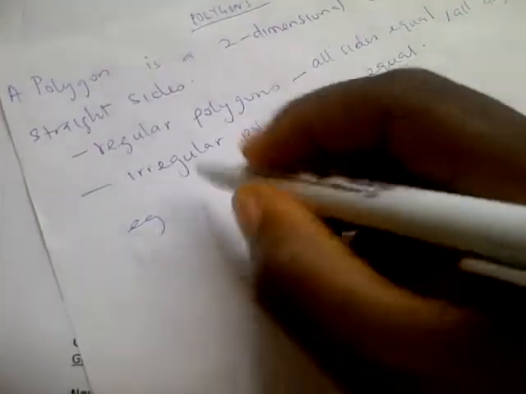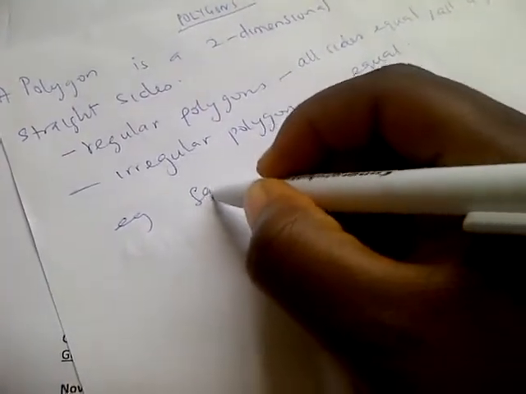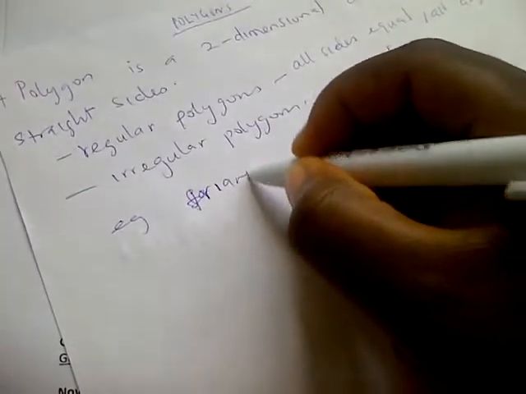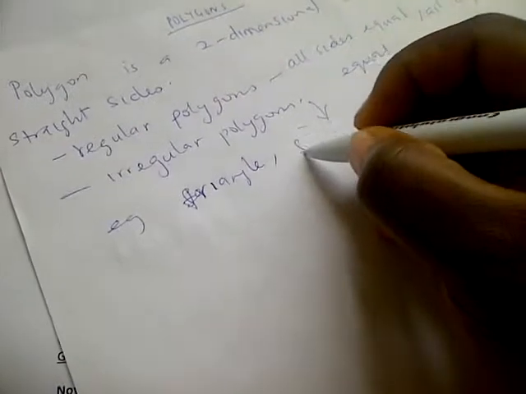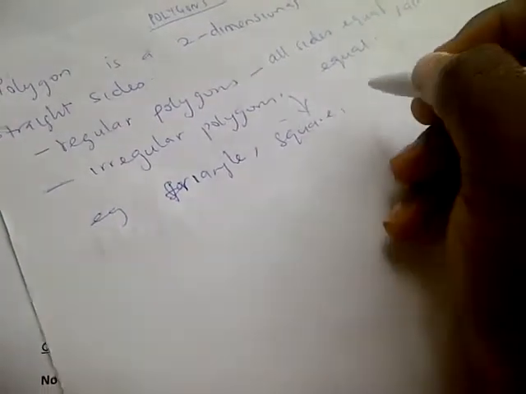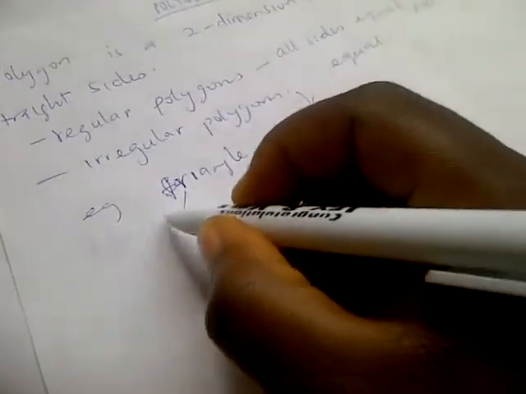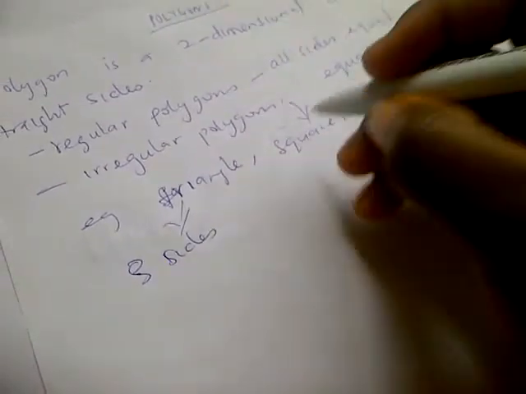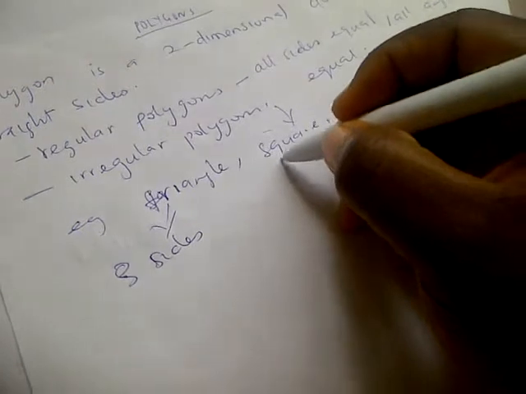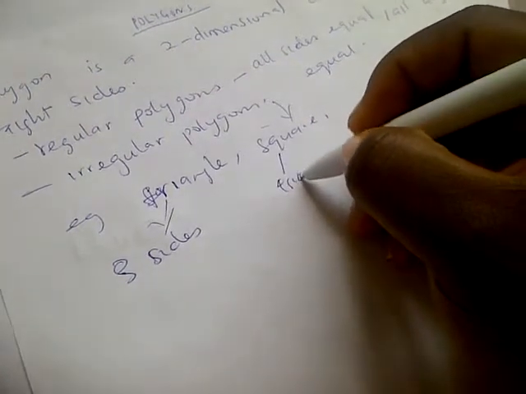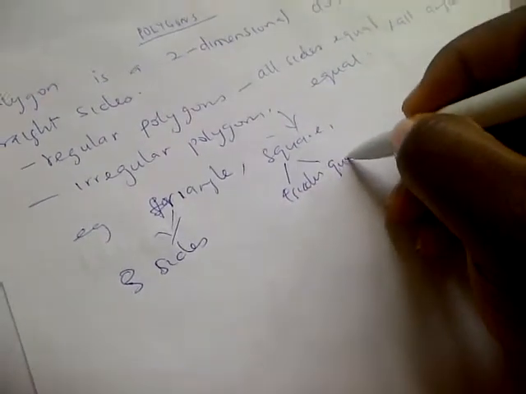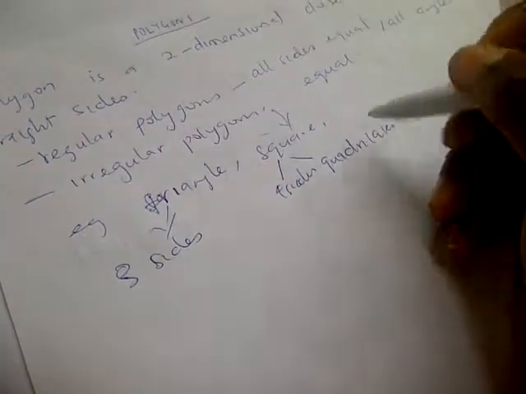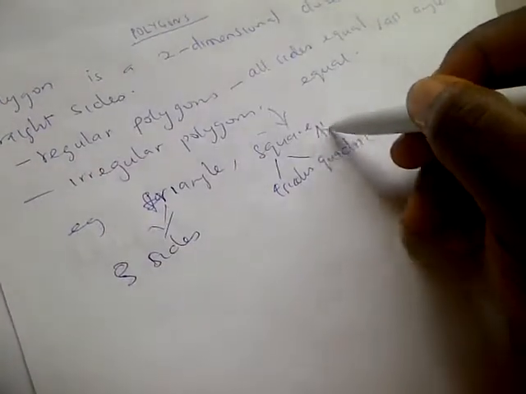Examples of polygons, let's start from 3 sides. The ones that have 3 sides are the triangles. The ones that have 4 sides are the quadrilaterals, an example is a square.